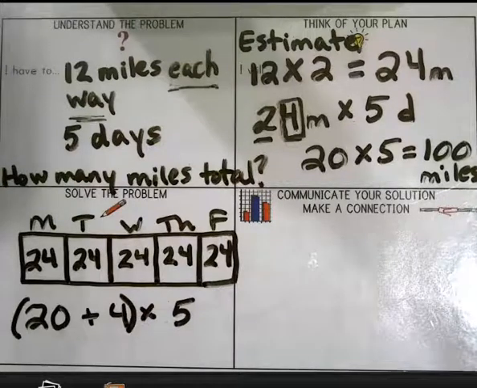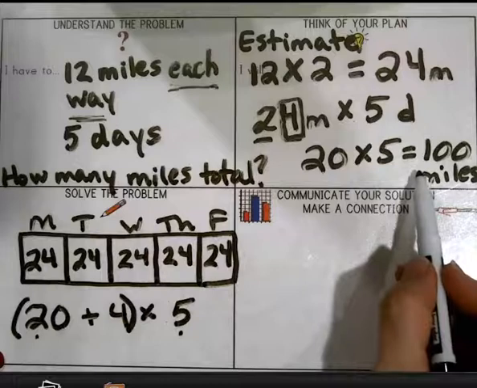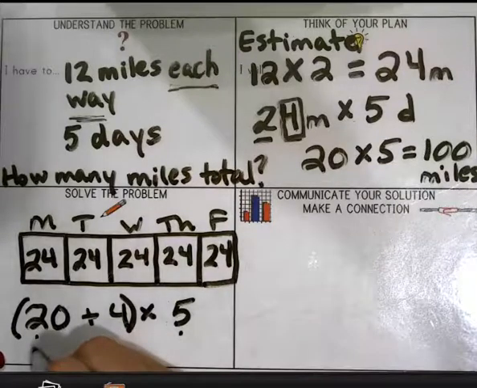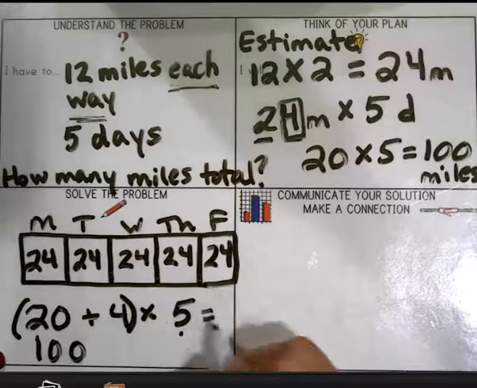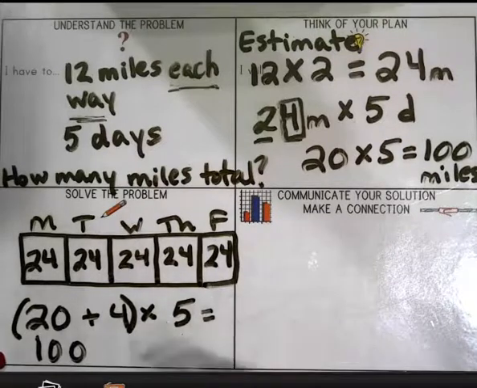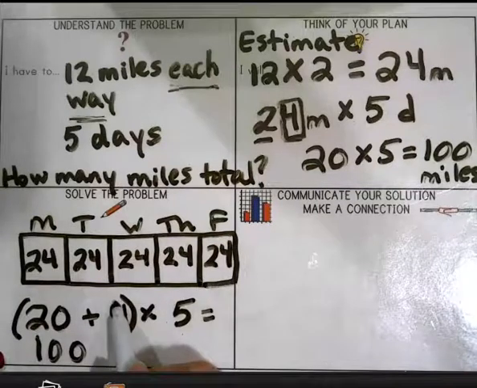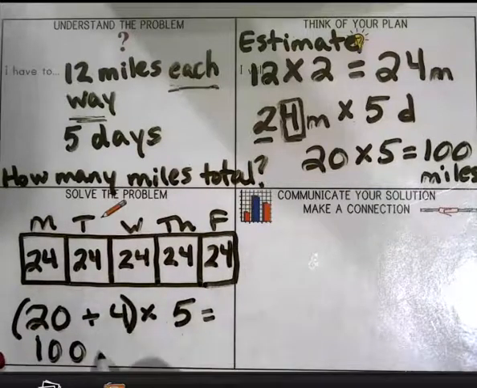All right, so first step is we're going to multiply 20 times 5. Oh, well, that was our estimate earlier, right? So we already know. So the first one is 100. All right, and then the next step is 4 times 5. 4 times 5 is 20.